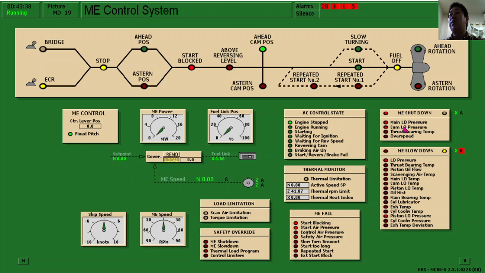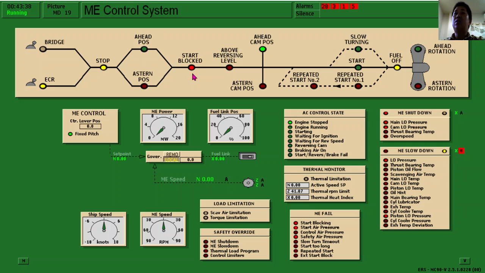You have also main lube oil pressure, main engine camshaft low oil pressure, piston low oil pressure. Here the valve is not open for start blocking. Starting air is not open, safety air is not open. Here the lube oil pump is not running, the camshaft lube oil pump is not running. So you don't have lube oil pressure, you don't have piston lube oil pressure. So meaning you have start block.